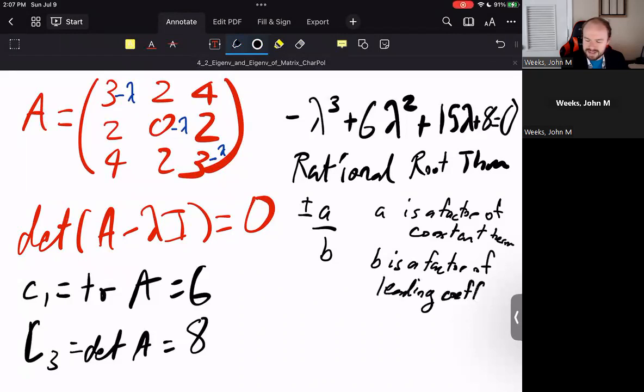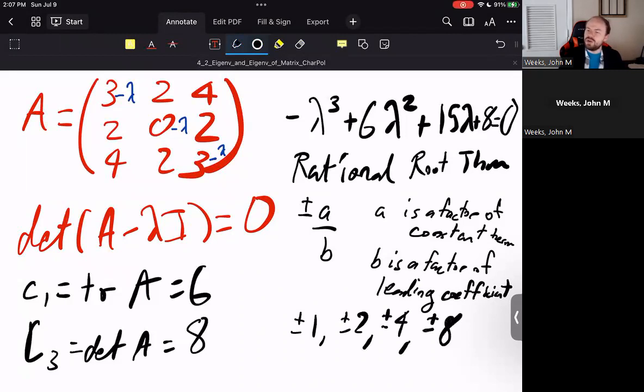In this case, we have a leading coefficient of -1. That gets absorbed by the plus or minus here, so we're just going to have a 1 as our denominator. And our factors of the constant term are going to be plus or minus 1, plus or minus 2, plus or minus 4, and plus or minus 8.